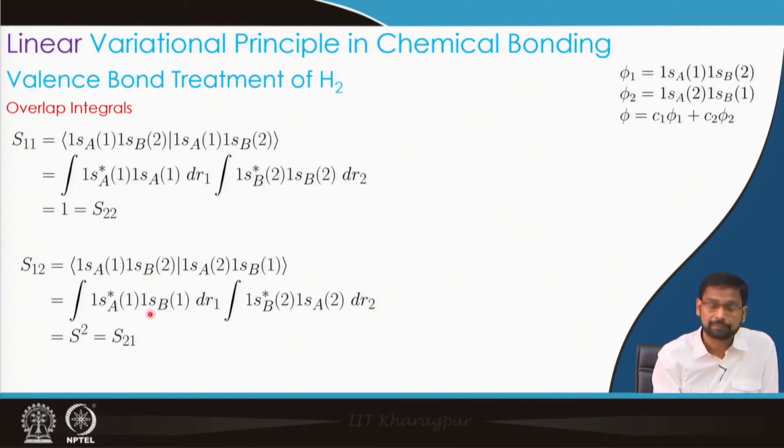When I see here, I see overlap of 1sA and 1sB, although they both depend on electron number 1, but mind you, these are not eigenfunctions of the same Hermitian operator. 1sA is an eigenfunction of the Hermitian operator corresponding to the Hamiltonian of nucleus A. 1sB is the eigenfunction of the Hamiltonian operator corresponding to the nucleus B. These are eigenfunctions of two different Hermitian operators.